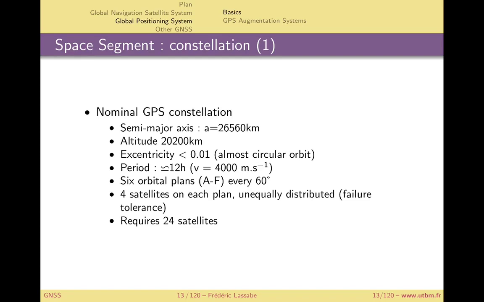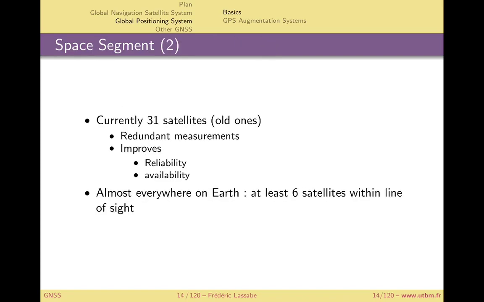So currently there are around 30 satellites in the constellation because there are older ones which are still operational. When you put a satellite in space, you certify and build it for a target life cycle, and it can exceed this target life cycle.